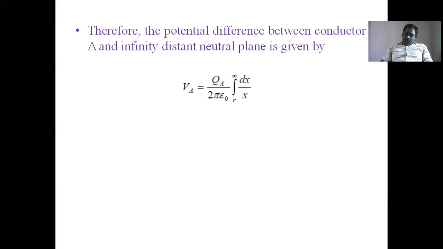So QA by VA is QA divided by QA by 2 pi epsilon naught integral r to infinity of 1 by x dx. The QA terms cancel out, and finally C equals 2 pi epsilon naught divided by the integral from r to infinity of 1 by x dx.